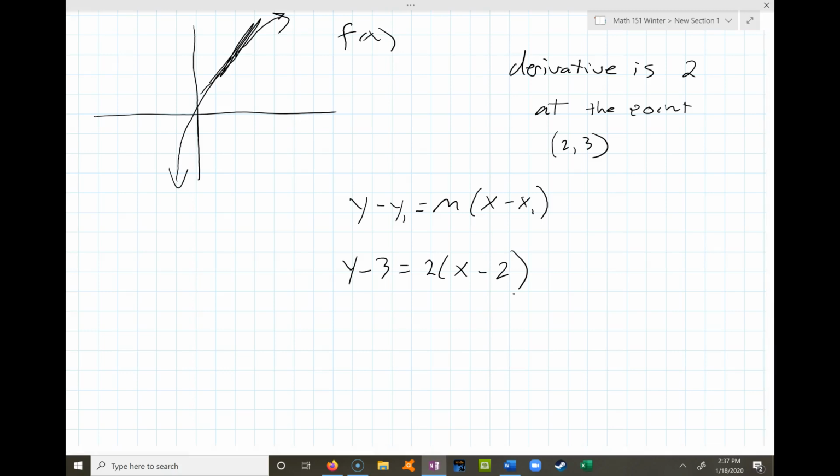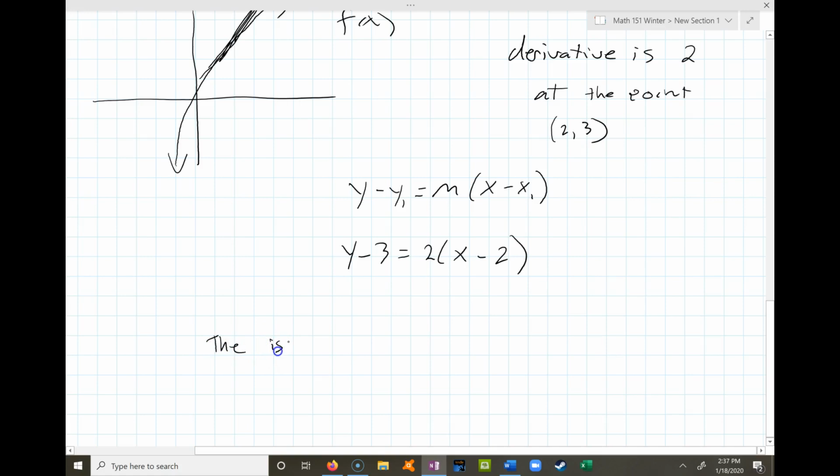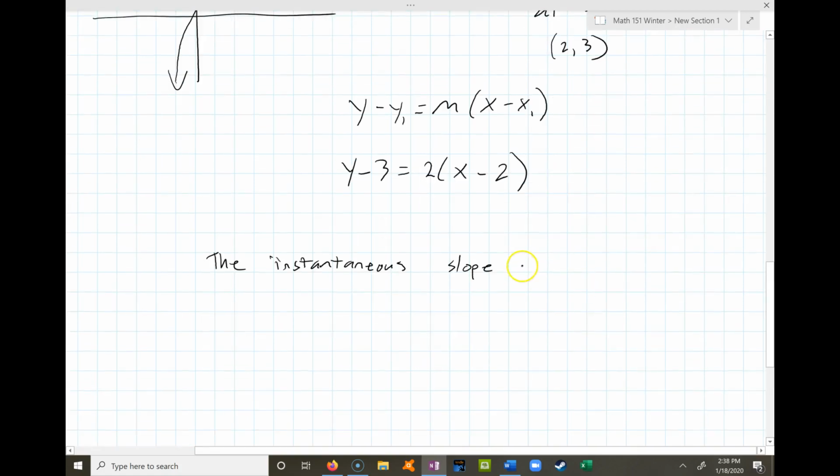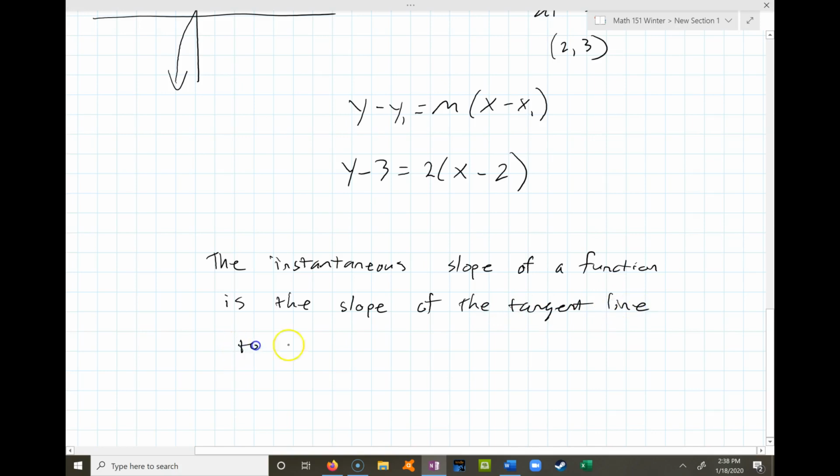So to be more clear, we could say the instantaneous slope of a function is the slope of the tangent line to the function at the point of tangency.